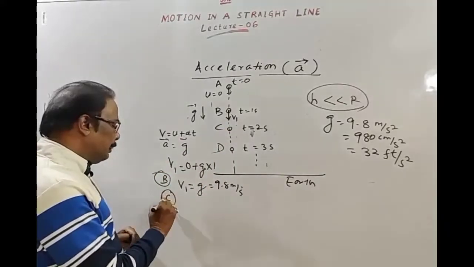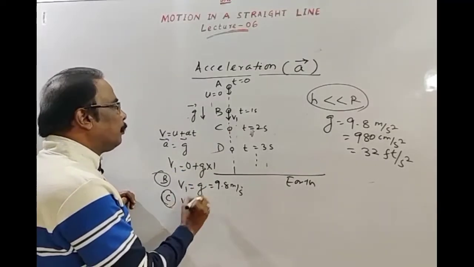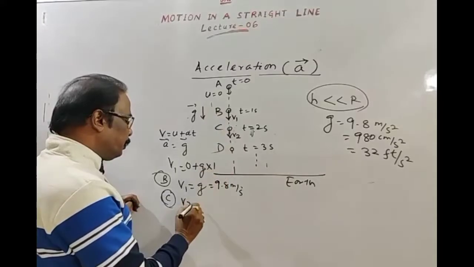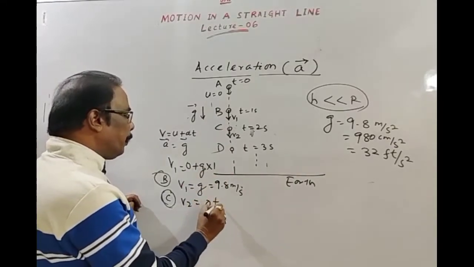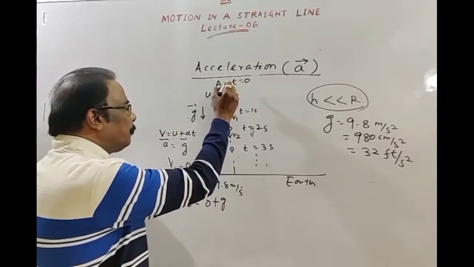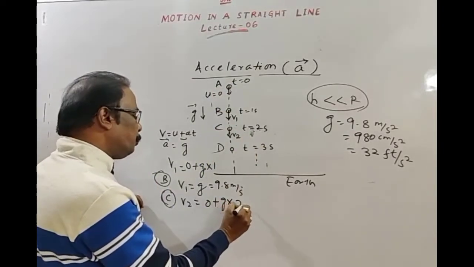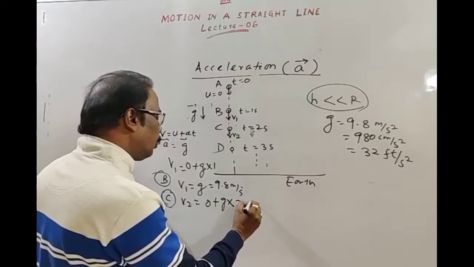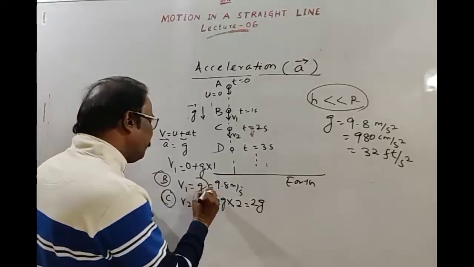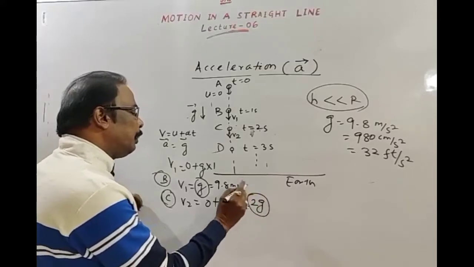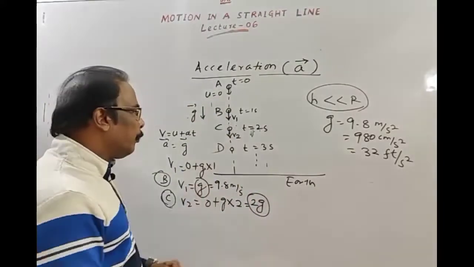Similarly, when the body reaches C, let the velocity be v2. v2 = u + gt. The time taken by the body to move from A to C is 2 seconds, so v2 = g times 2 = 2g. Here velocity v1 is g, v2 is 2g, in the vertically downward direction.